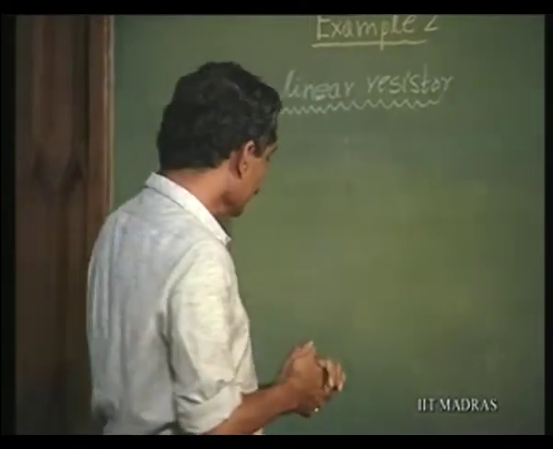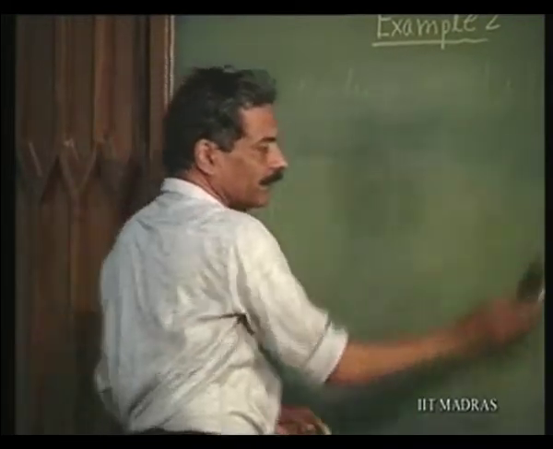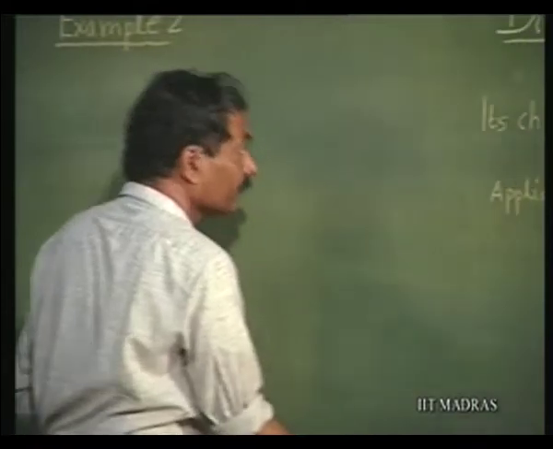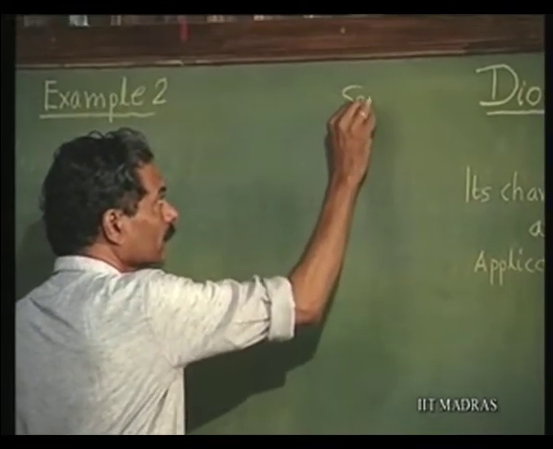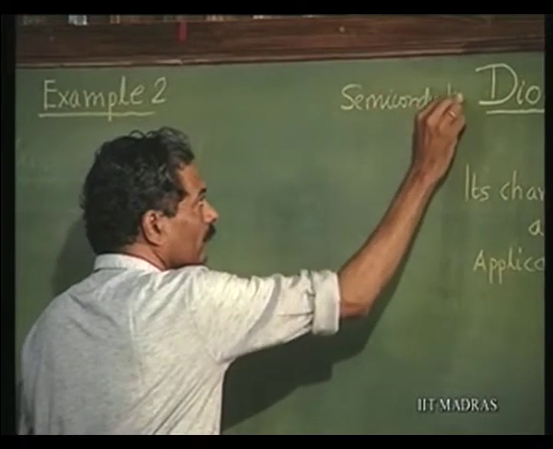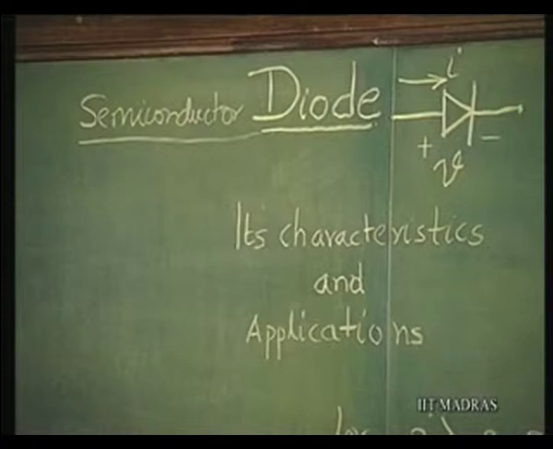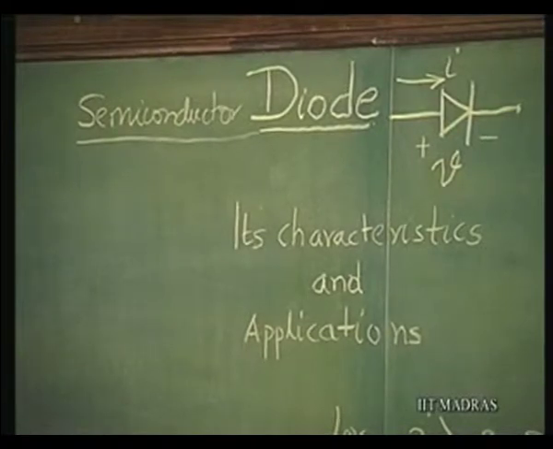So, this is what I mentioned at the end of the last class, when I said a semiconductor diode can closely approximate an ideal diode.